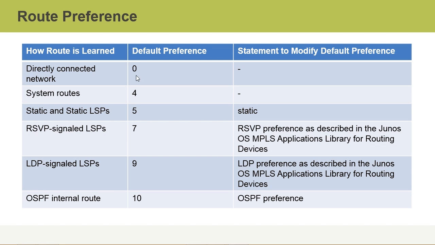That's why, in my mind, it makes sense that the preference value for directly connected is lower than a static route. Also, the router will have system routes, so it makes sense that the system routes have a lower preference value than, let's say, a static route. Again, something the router is programmed for itself should be used over what I program.